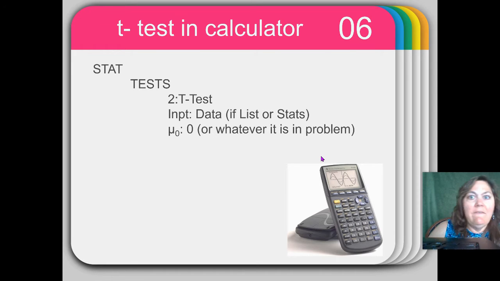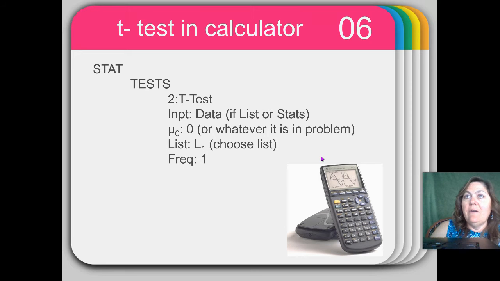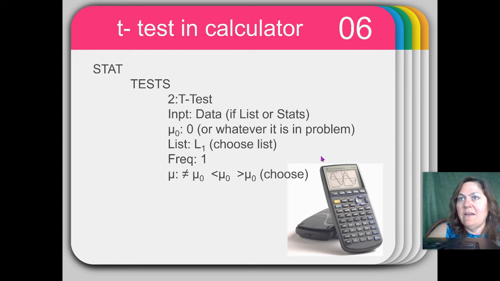The mean is 5,000, then you put 5,000 there. Be sure to tell it which list to go to. If you've done data, it'll ask you for that. Leave frequency alone. And then you just need to tell it whether it is two-tailed, right-tailed, or left-tailed from your Ha. What is your Ha doing? So you pick those. This is the fun part.